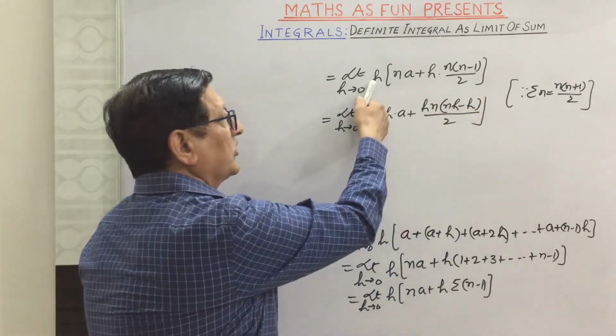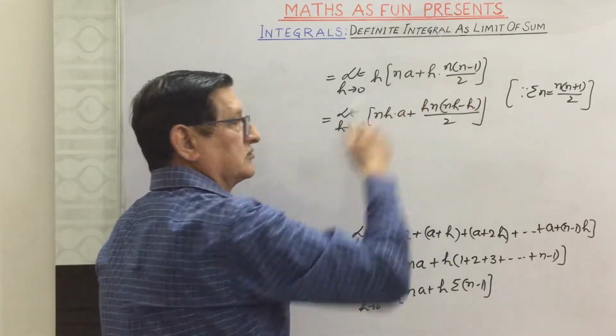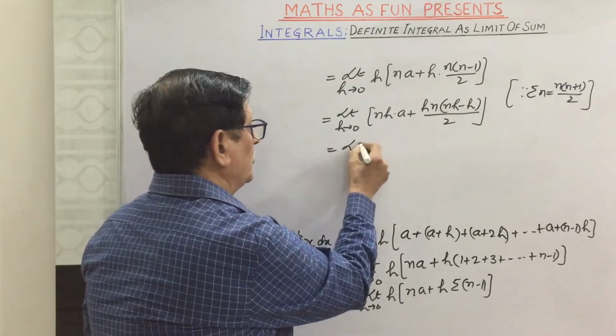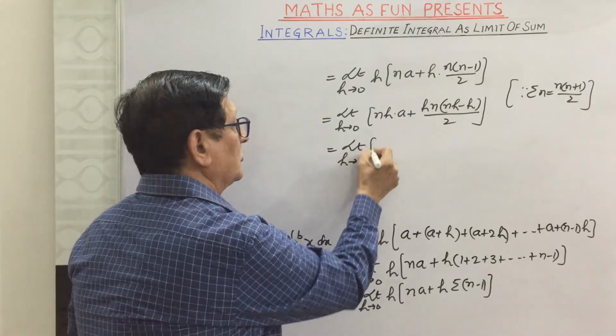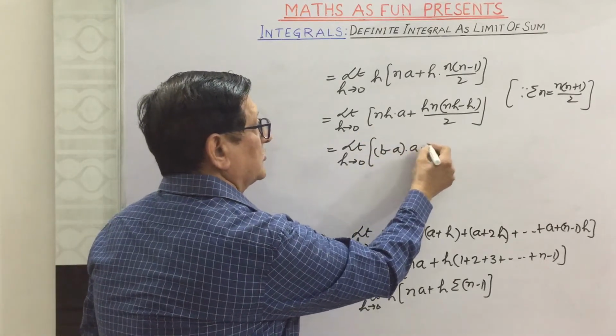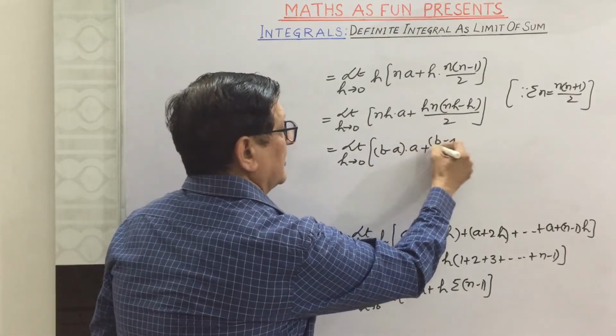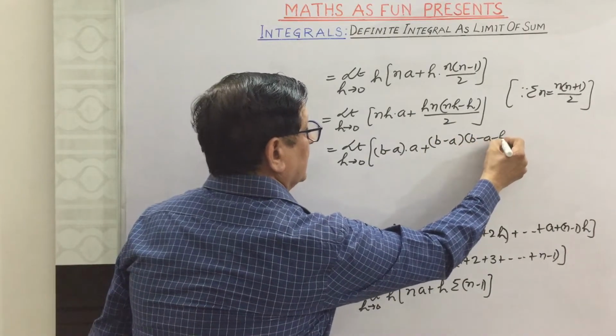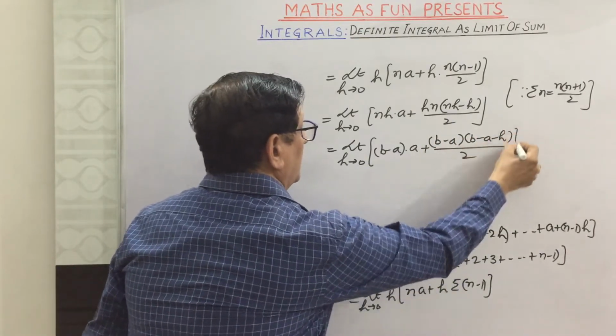What we have done? One h we have multiplied with this. We substitute the value of nh, which is b minus a: a plus (b minus a) into (b minus a minus h) upon 2.